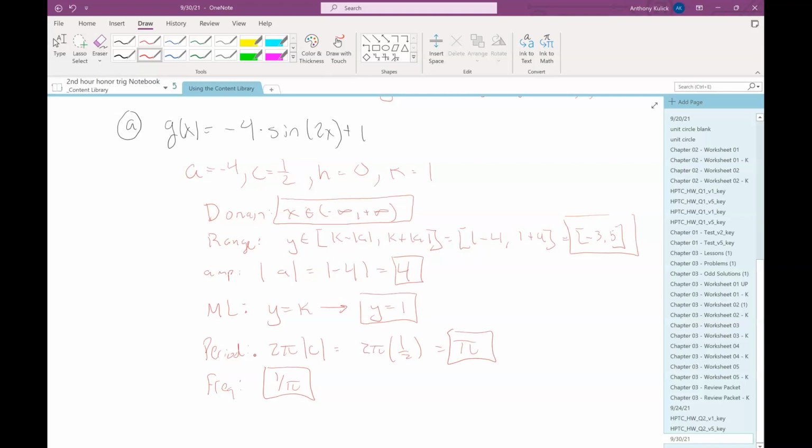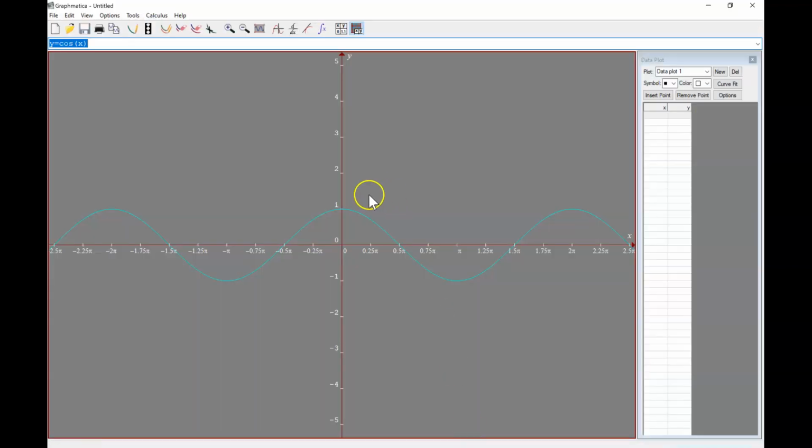Do you guys feel okay on that? Let's look at the picture here real quick and observe what's going on. So here's sine, that's the green one. And then here we'll do y equals -4 times sine of 2x plus 1. So this should look stretched vertically, compressed horizontally, and then shifted up 1 unit.